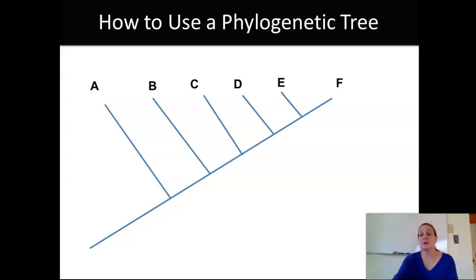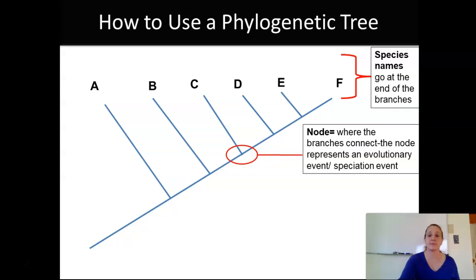So here we're looking at a phylogenetic tree. We have our species just labeled abstractly as A, B, C, D, E, F, and they're out at the end of our branches. What I am showing here is a relatedness between these species A, B, C, D, E, and F. Circled in red, I'm going to have a node. Where one branch connects to another, what I'm communicating is that I have an evolutionary event.